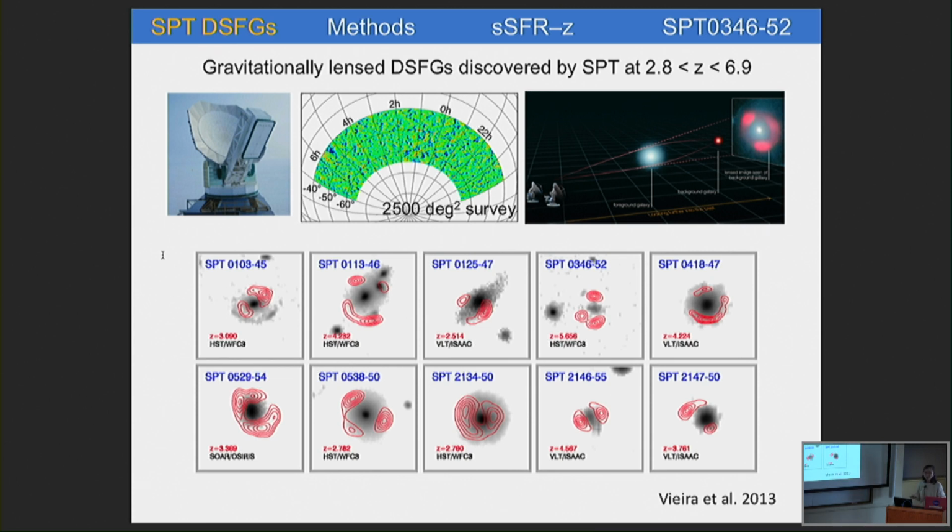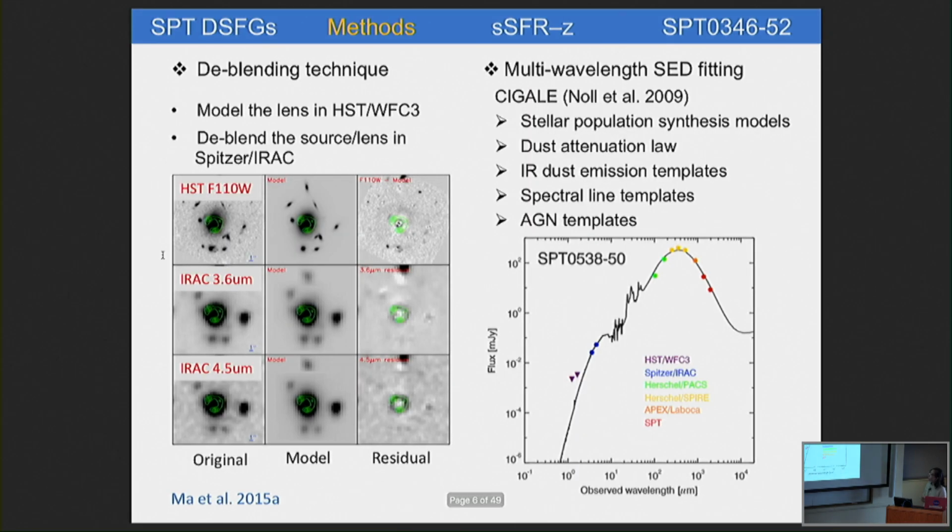We have obtained multi-wavelength data, and I led the effort in characterizing their stellar properties. I developed a deblending technique to extract the background emission that's sometimes mixed with the foreground lensing galaxy.